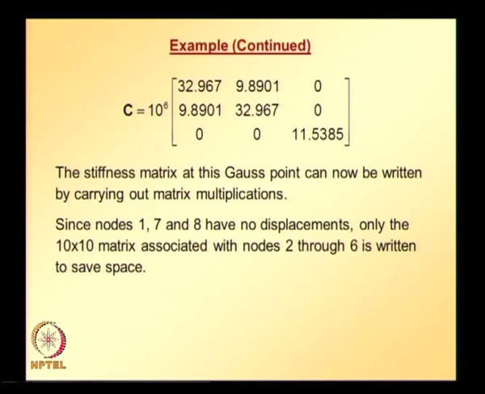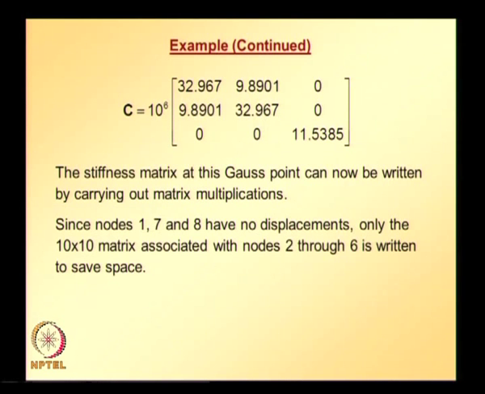Since nodes 7, 1, 7, 8 have no displacements, only the 10 by 10 matrix associated with nodes 2 through 6 is written to save space. So, basically the nodes which are fixed, since both degrees of freedom are constrained.